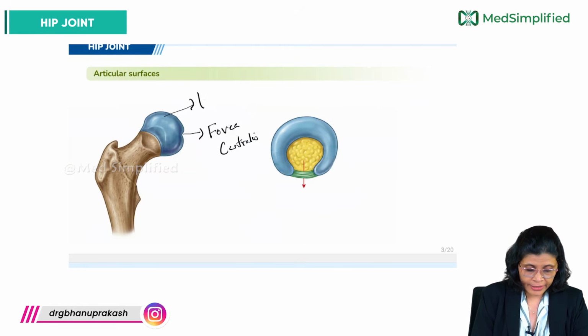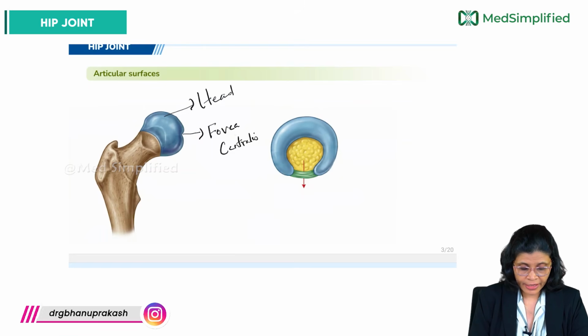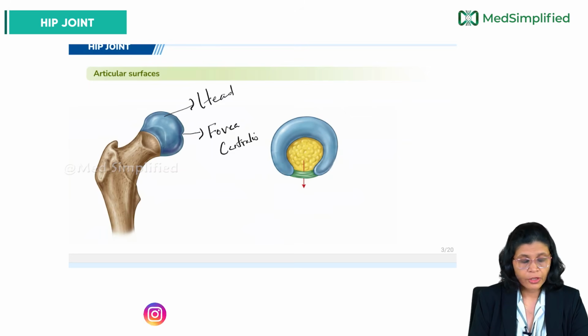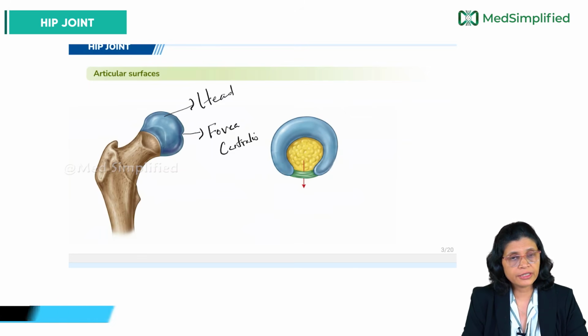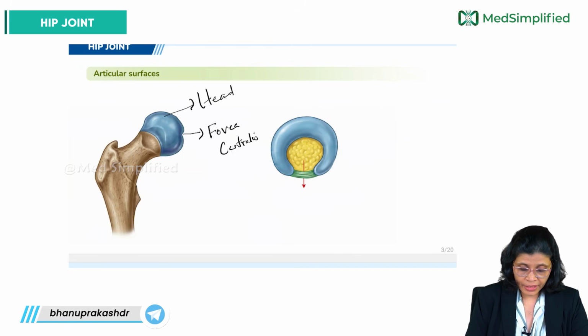The head is covered by articular cartilage except at this point, where it doesn't articulate. The rest of the head of the femur articulates with the acetabulum.